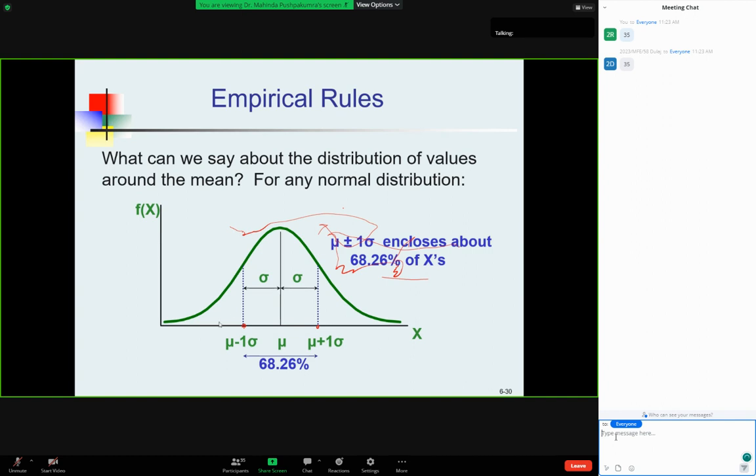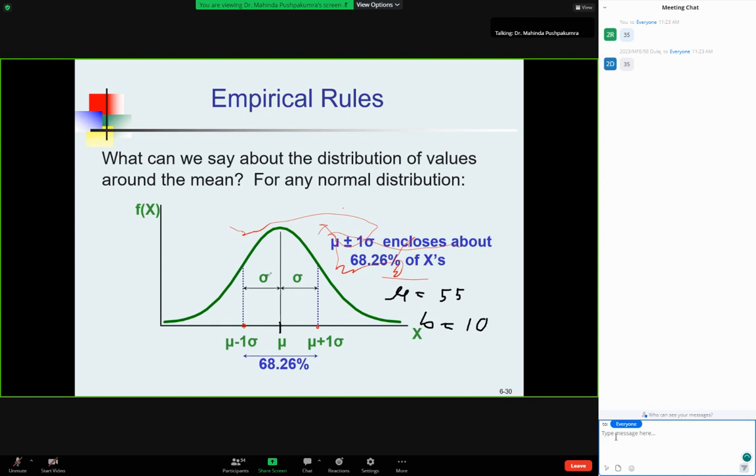Let's say now the mean is 55. Now I'm going to give one exercise to you. Mean is 55, then the standard deviation is 10.